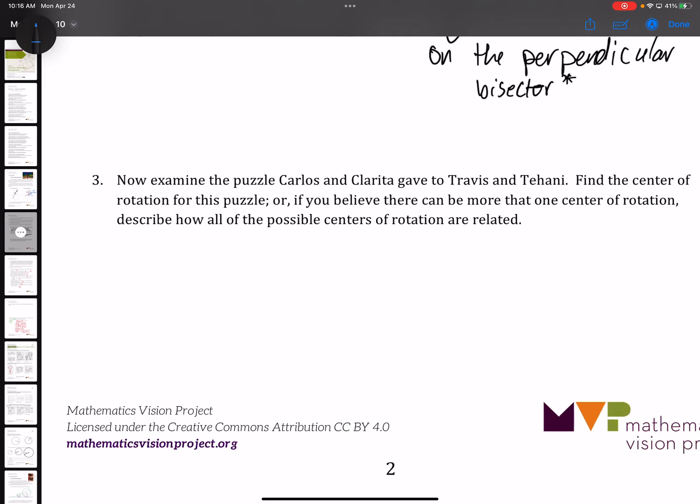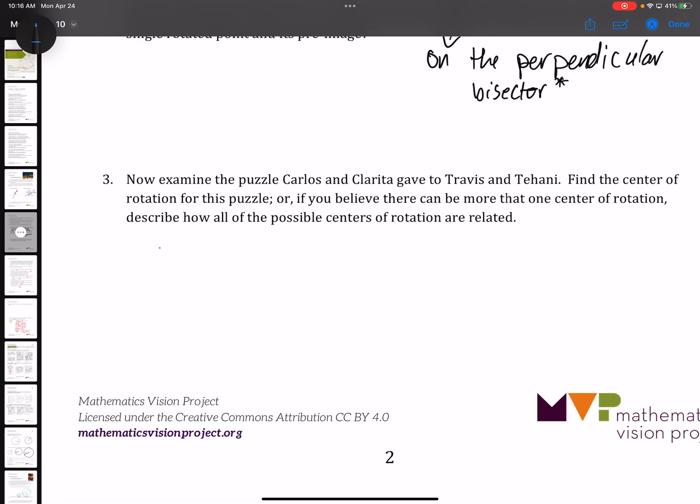So, how did we find the center of rotation for the puzzle? We connected all of them. We found the perpendicular bisector of all the lines, and that essentially found all the centers of rotation for all of them.